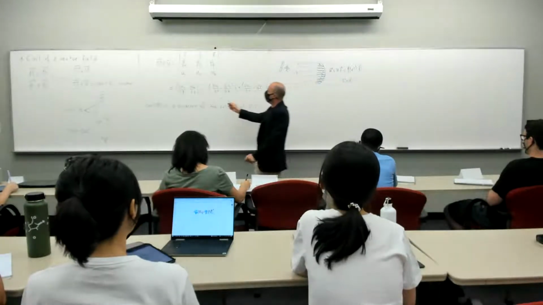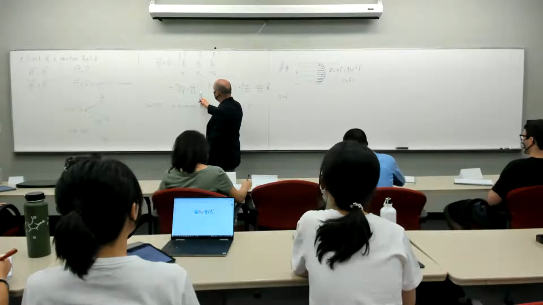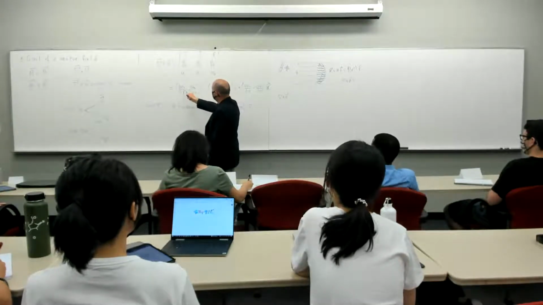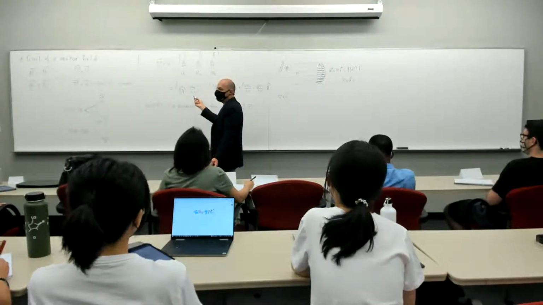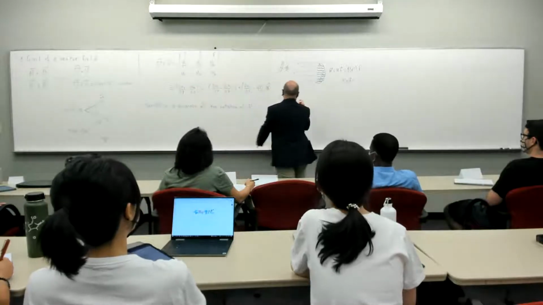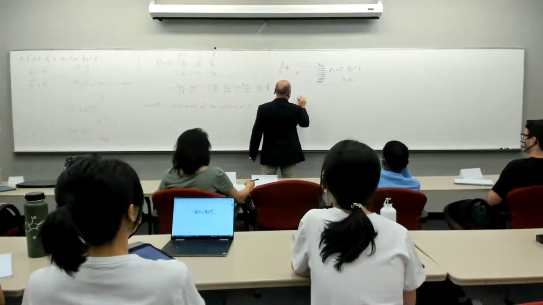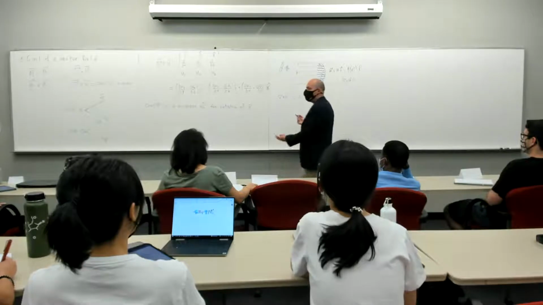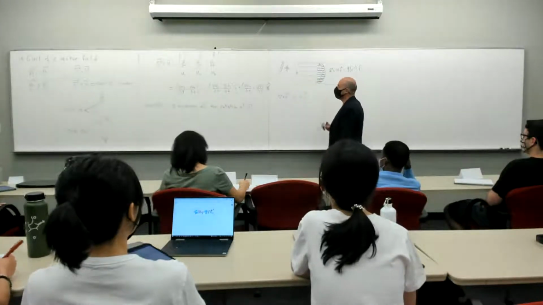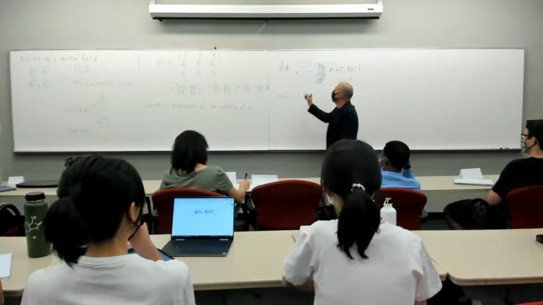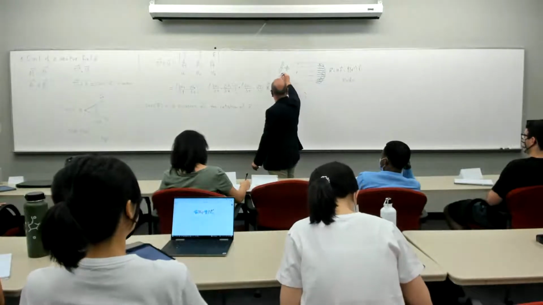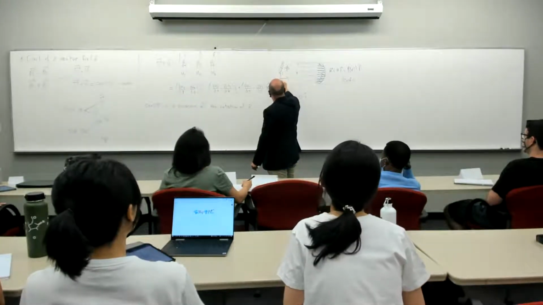Curl, okay, let's take the curl. In the i direction, it's got u3 and u2, which are 0, right? So there's no i direction. It's going to be 0 i. There's no component in the i direction. What about the j direction, the y direction? So if this is i, j, and then k.